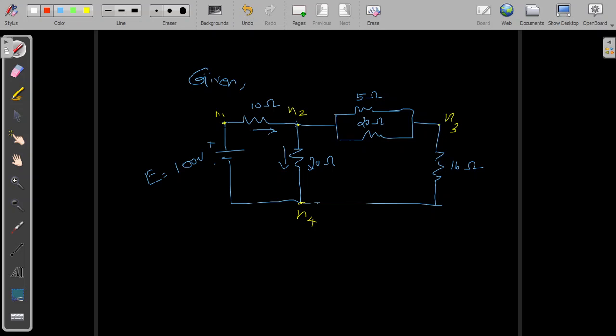Here the simple nodes are N1 and N3, and other than the simple nodes, we have two nodes known as principal nodes, N2 and N4. So I'm going to ignore this N1, N3 and N4.